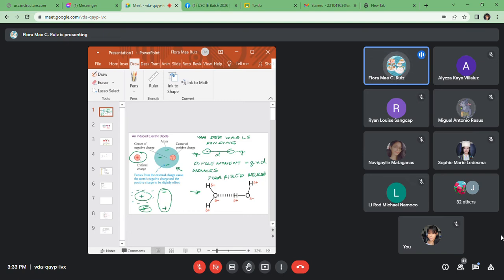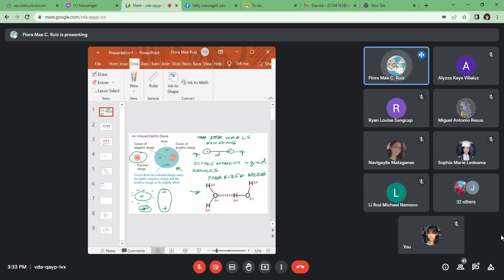Molecules or atoms in which there is either an induced or permanent dipole moments attract each other. So depending, we have different types of van der Waals processes depending on what molecules are involved. And the resulting force for this is known as the van der Waals force.